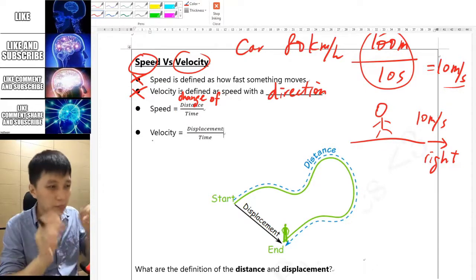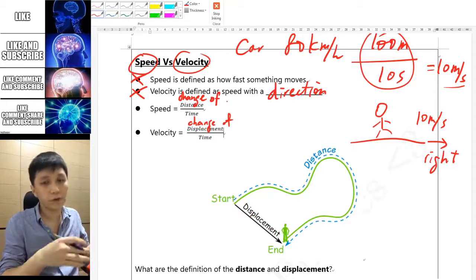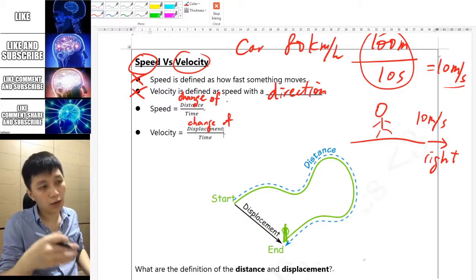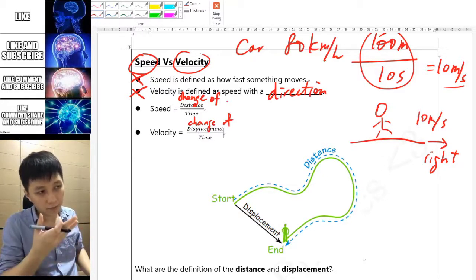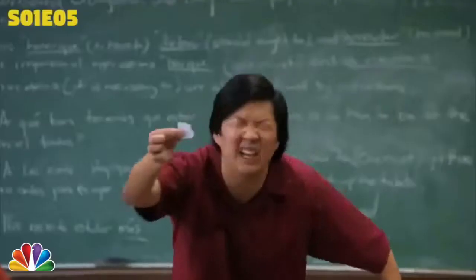Velocity is similar. It will equal, again, the change of displacement over the change of time. So when you try to find out the value of speed and velocity, you can use these two equations.